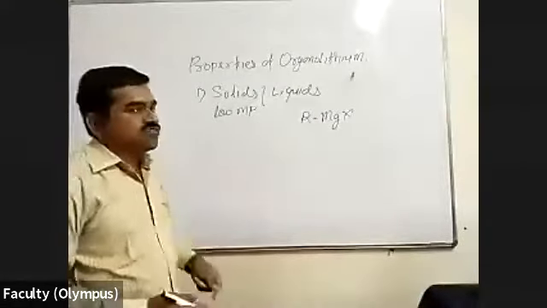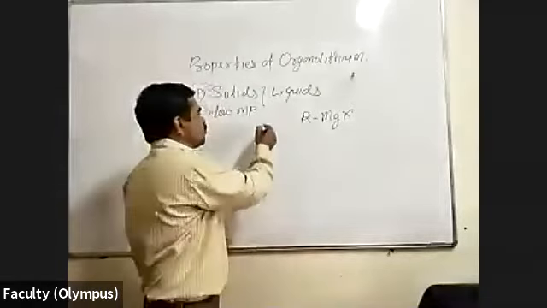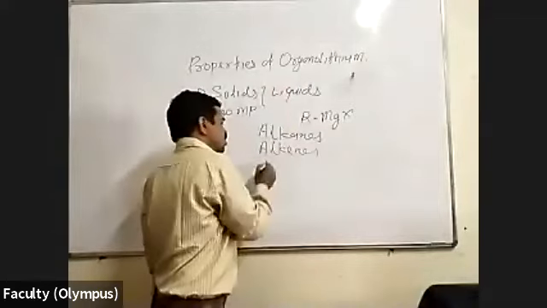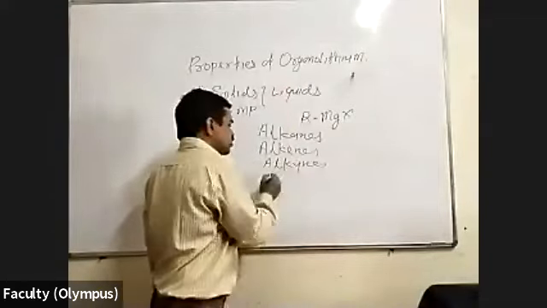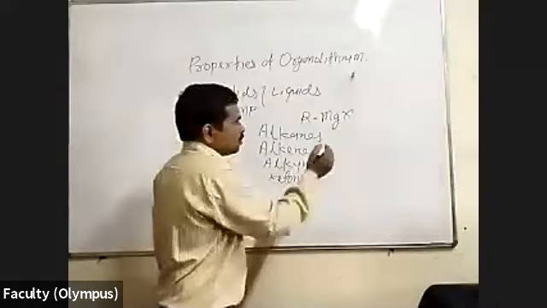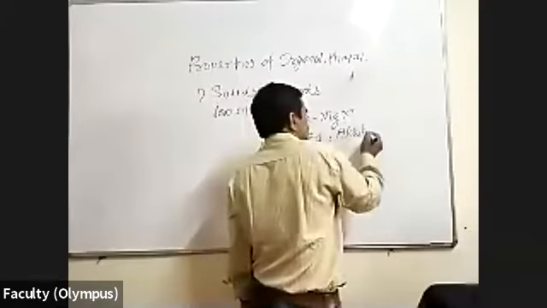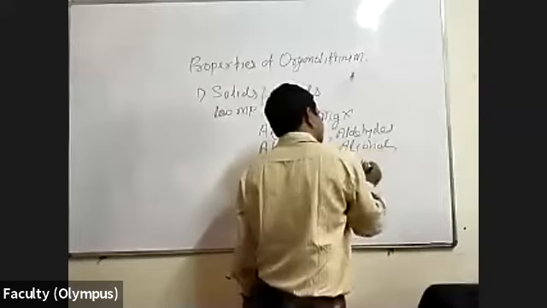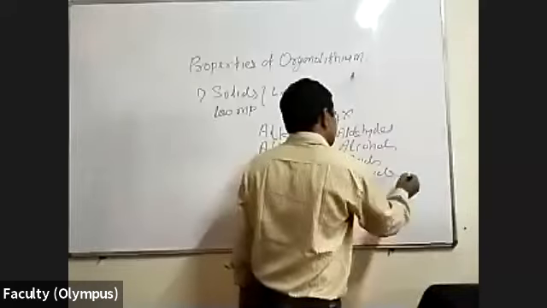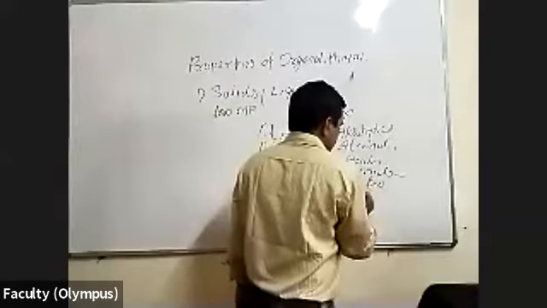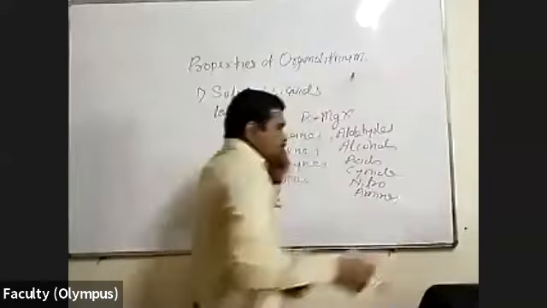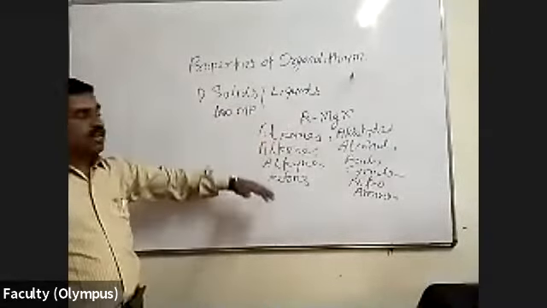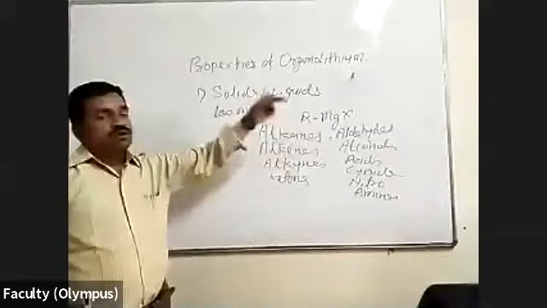By using Grignard reagents, they are able to prepare alkenes, alkynes, ketones, aldehydes, alcohols, acids, cyanides, nitro compounds, amines, whatever classes of organic compounds there are, all can be prepared from the Grignard reagent.